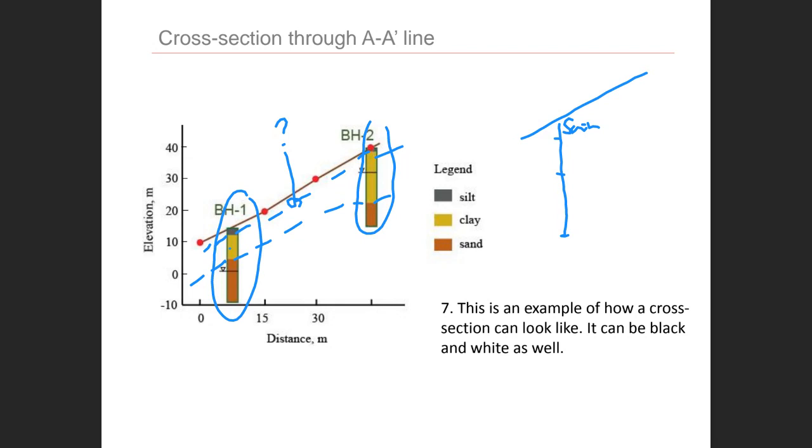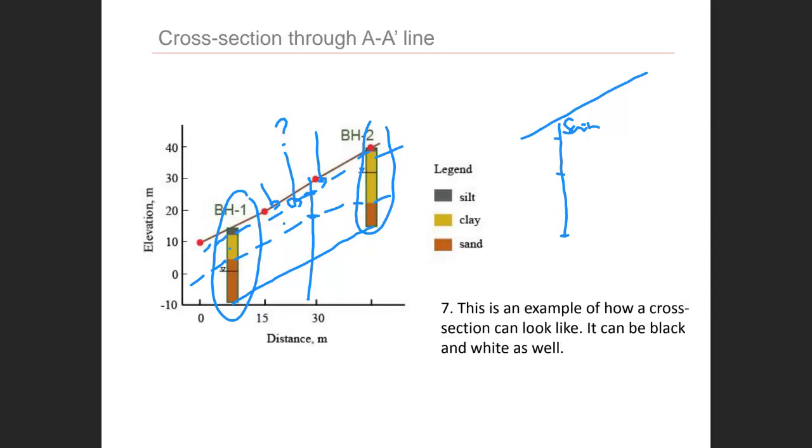But if you do that, make sure that you connect the boundaries of each layer with a dotted line. So it's a dashed line. It's not a straight line like this. In this case, what it means is that you make an assumption that if we drill a borehole here, most likely we're going to find the boundary between sand and clay somewhere at this depth.